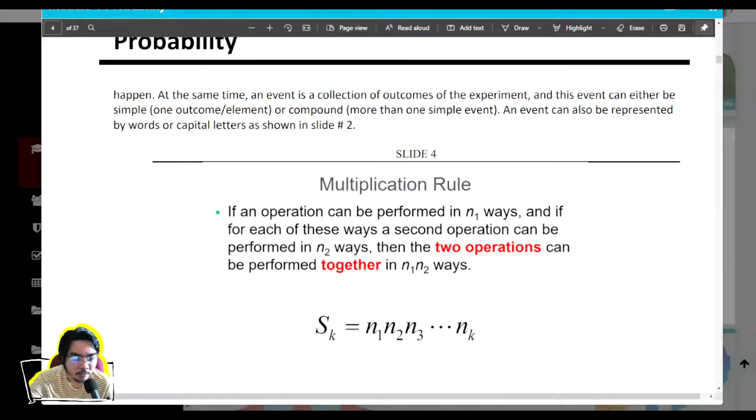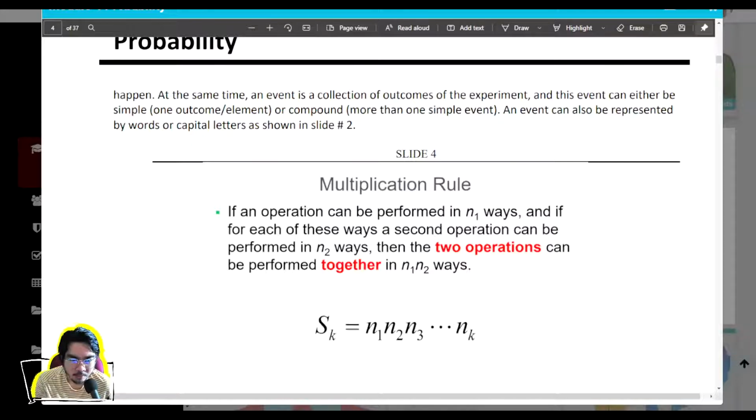Okay? So kung meron kang multiple na ways na to, then you just keep multiplying it. No? So that's saying na n1 times n2 times n3 dot dot dot times nk. Yun yung kumbaga sample space na pwedeng mag-occur yung isang event na yun.